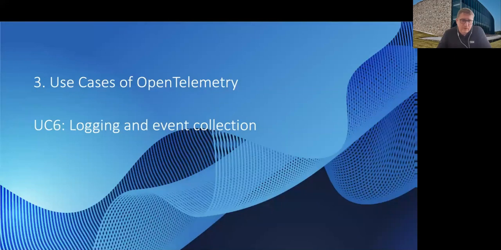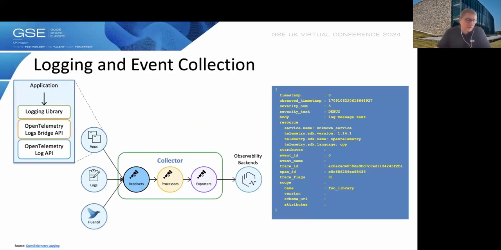Now let's take a look at logging and event collection as our sixth use case. So log and event collection, as I said, was finalized as a specification just in the last year.